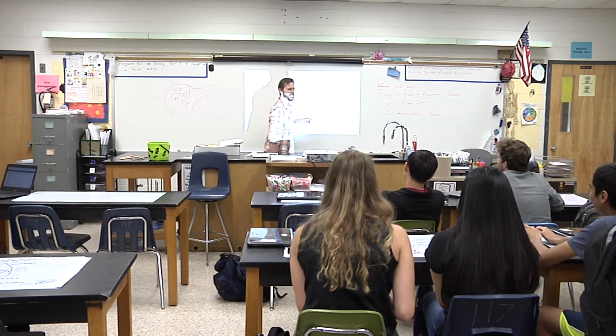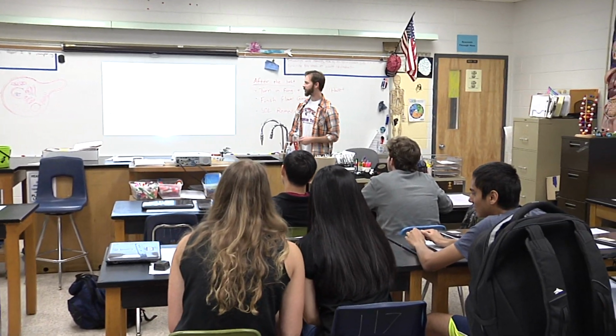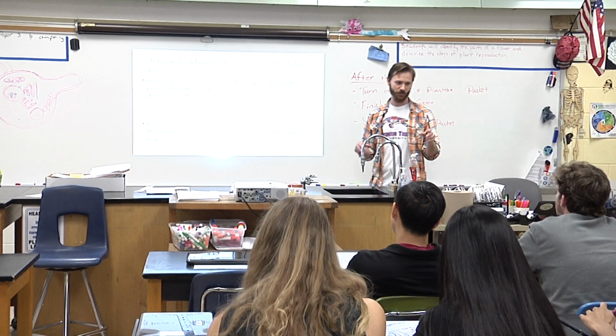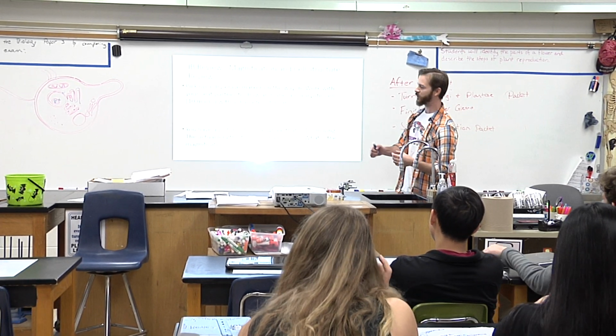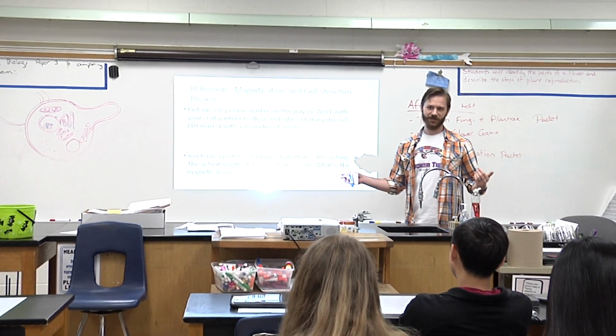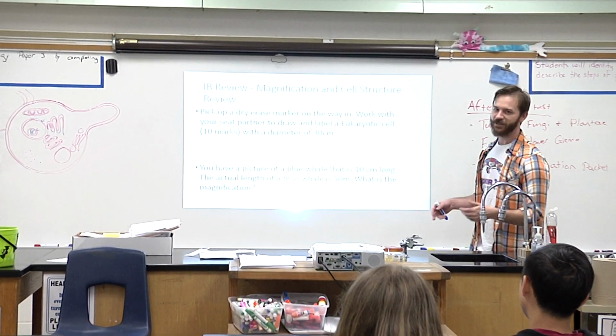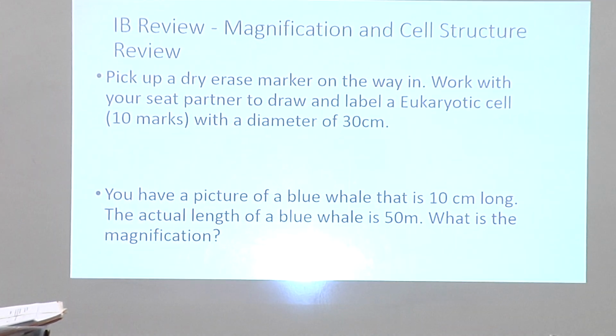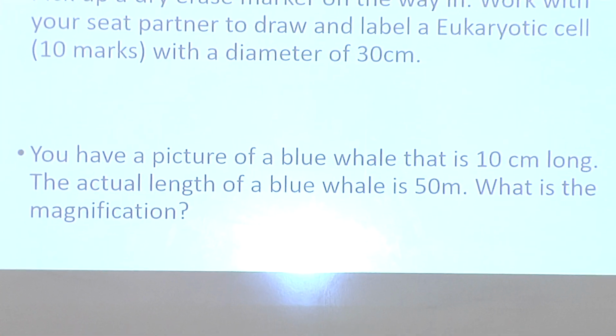All right, now the next thing I asked you to do is this magnification question. So if we had a blue whale drawn on our boards that was 10 centimeters long, and its actual length was 50 meters, which is a lot bigger than an actual blue whale, but we're just going with it for ease of math. What would the magnification be for that blue whale?